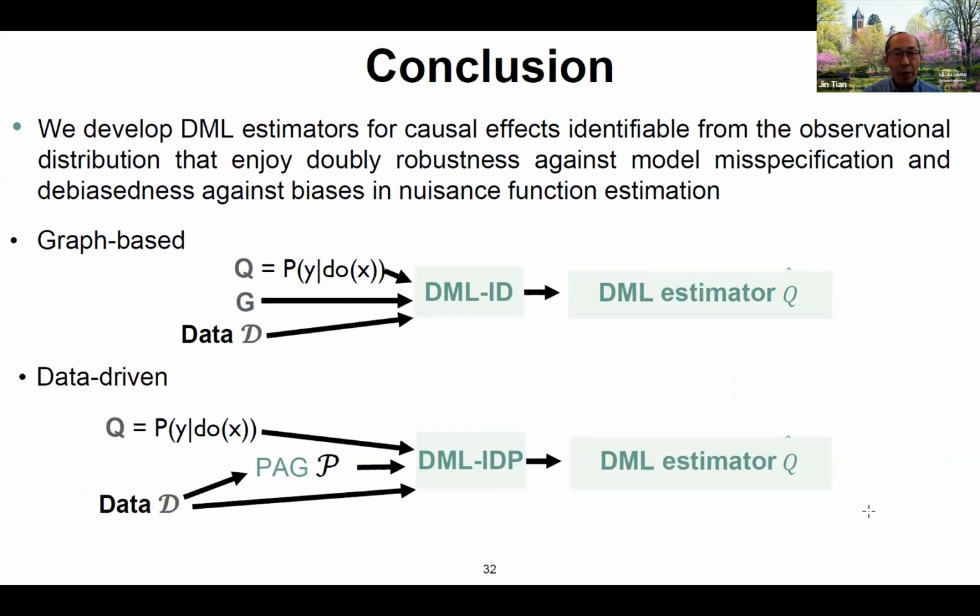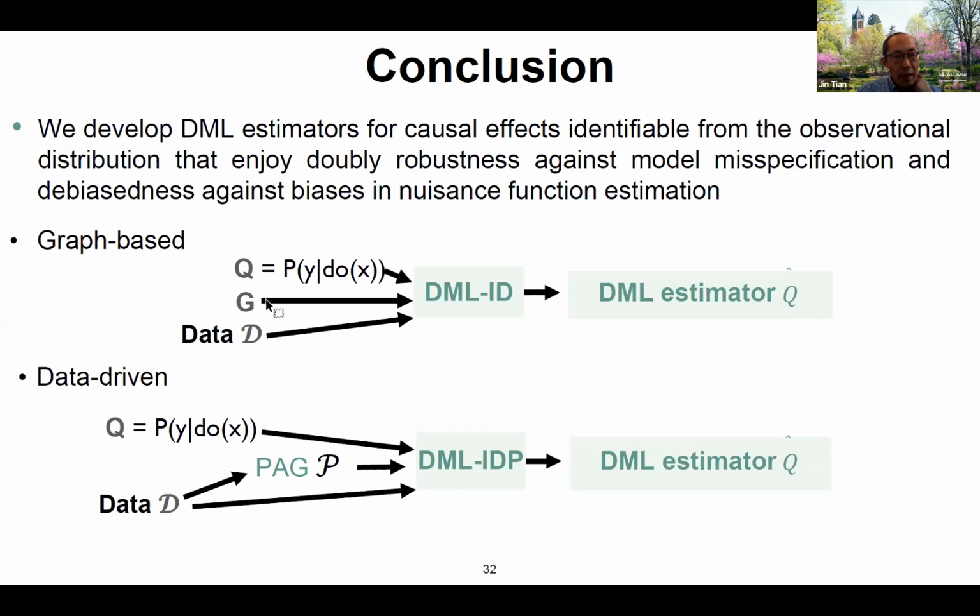Okay, conclusion. We have developed DML estimators for causal effects identifiable given the observational distribution that enjoy double robustness against certain model misspecification and debiasedness against biases in nuisance function estimation.